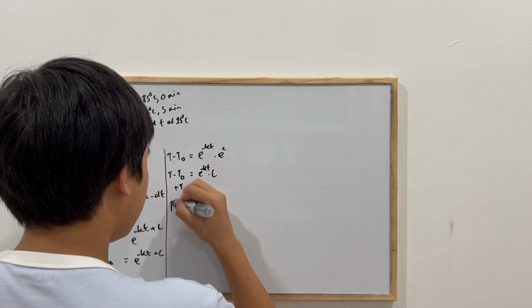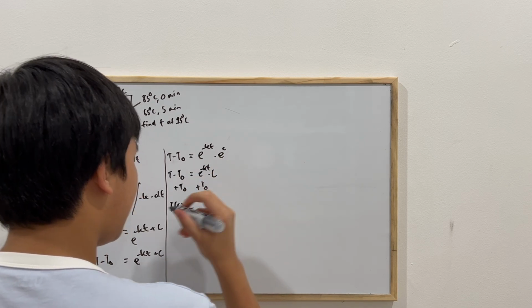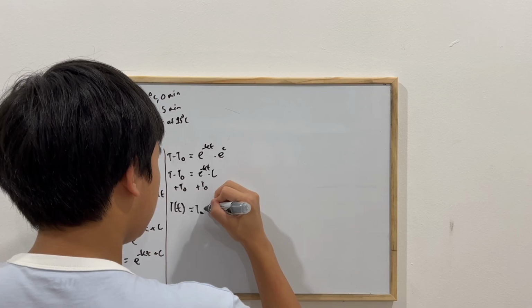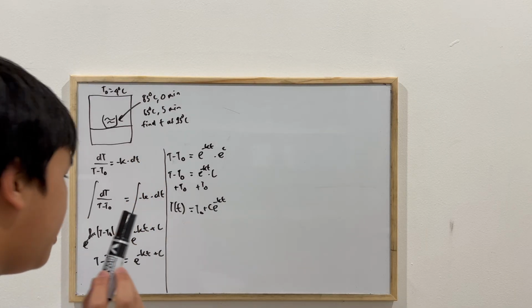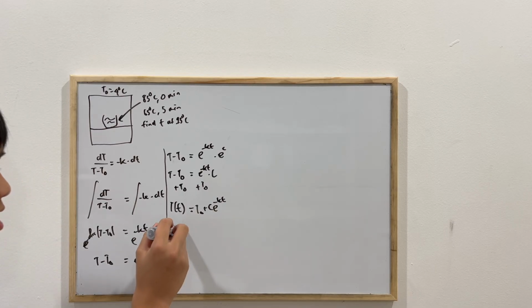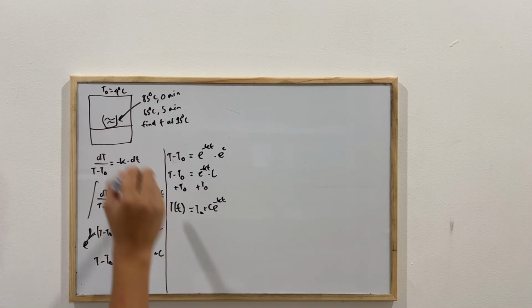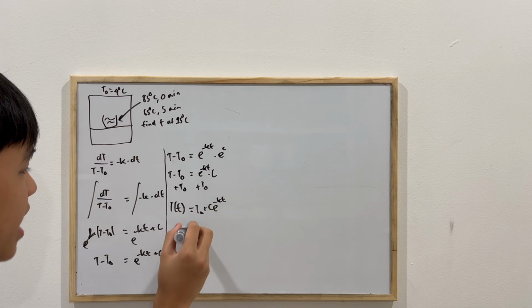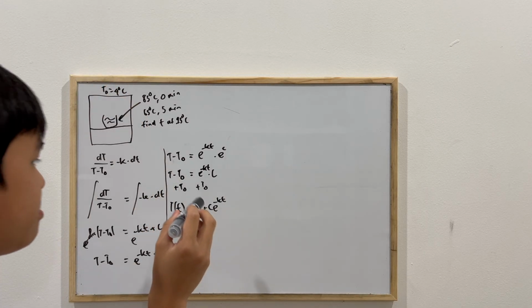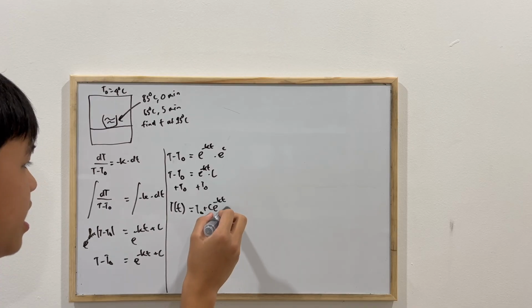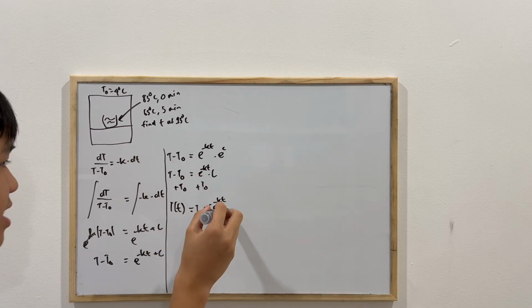So we get an equation T of t, the temperature as a function of time, equals T0 plus c times e to the negative kt. Let's start identifying some variables here. T of t is the temperature of the coffee at time t, and T0 is the ambient temperature, or the fridge temperature. c is just some constant, e is Euler's number, k is the cooling constant, and t is the time.